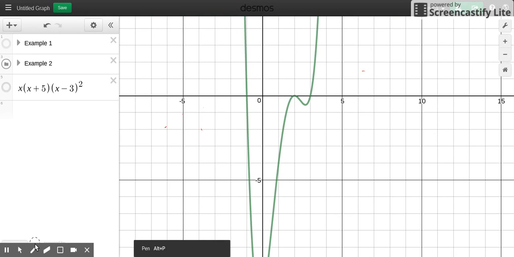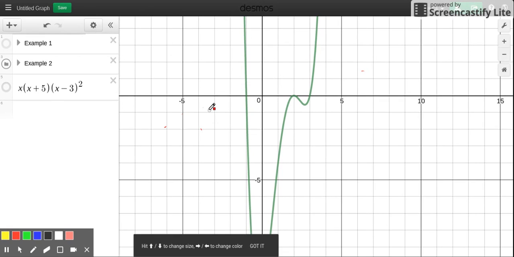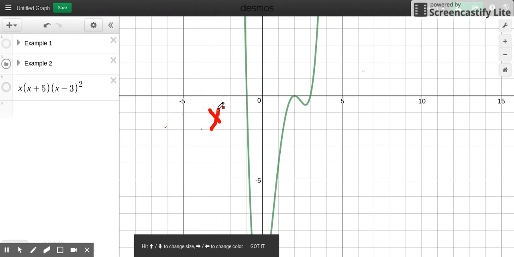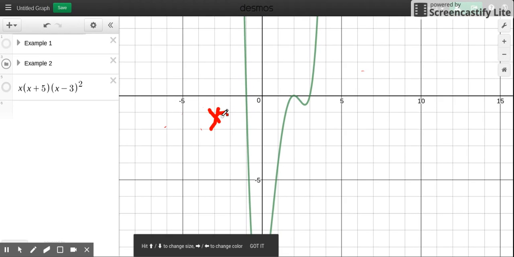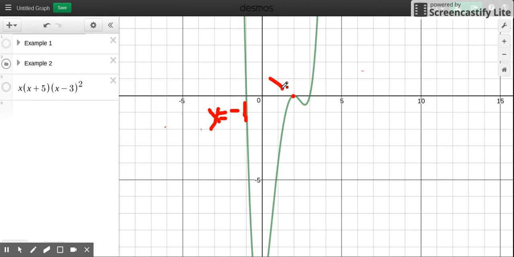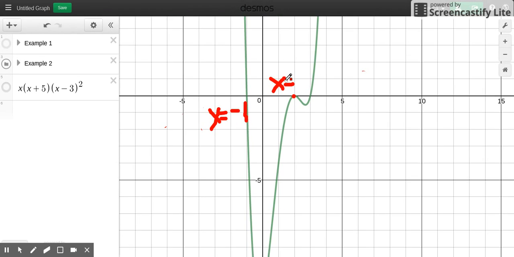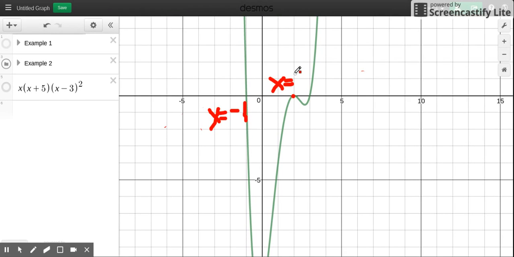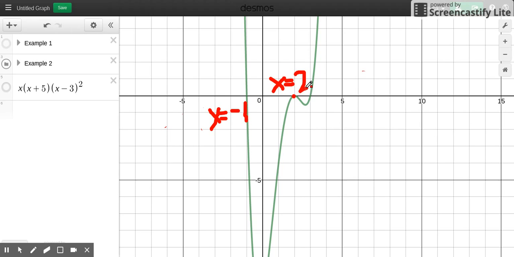So this time we have zeros at x equals -1. Okay, this one looks like it's a double, and it's at x equals 2. Okay, and they said that's a double root.